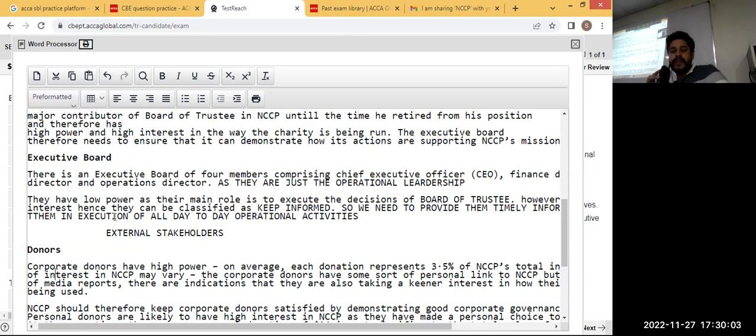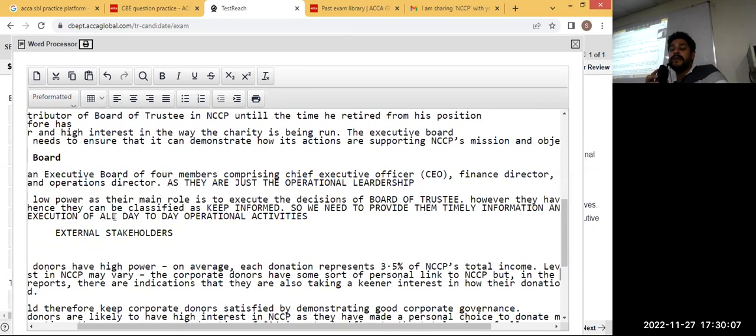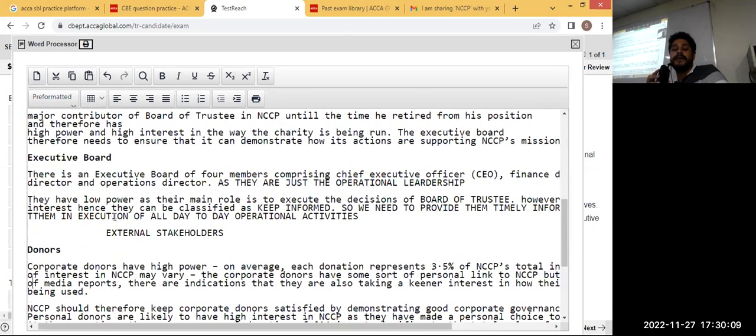The corporate donors have some sort of link to NCCP, but in light of media reports, there are indications that they are also taking keener interest in their donations and where they are being used. NCCP should therefore keep corporate donors satisfied.